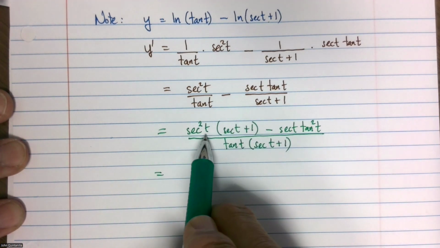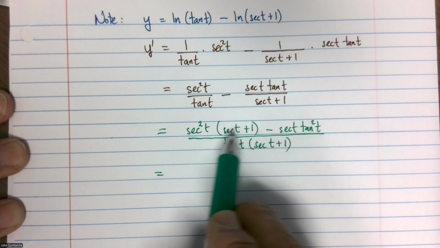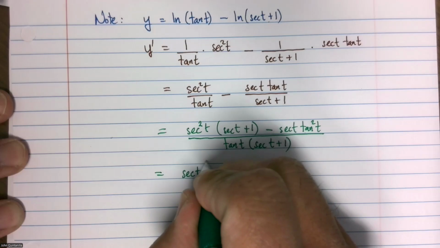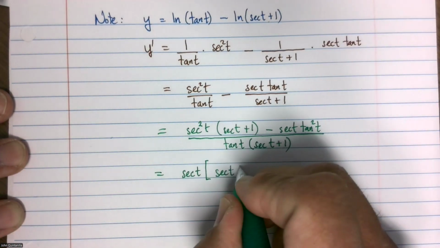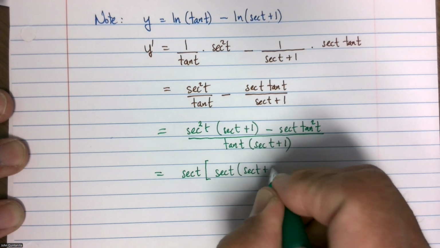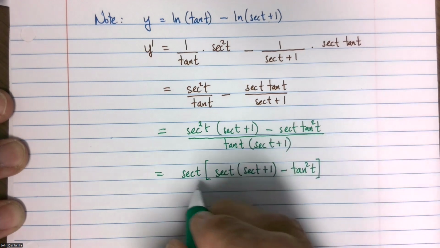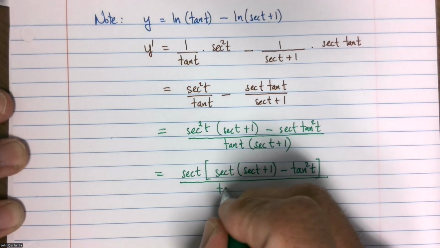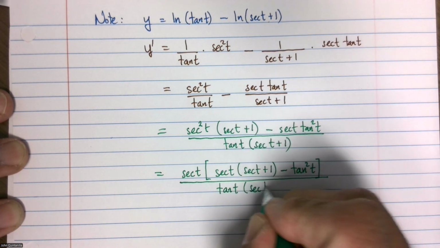Okay, so we notice on top there is a secant of t that's common to everything. And so I can factor out a secant of t. What's left is going to be secant of t times secant of t plus 1 minus tangent squared t all over, and the bottom I'll keep the same, tangent of t times secant of t plus 1.